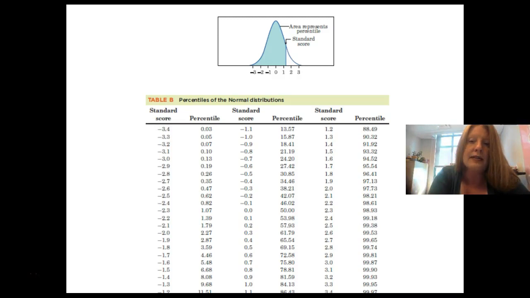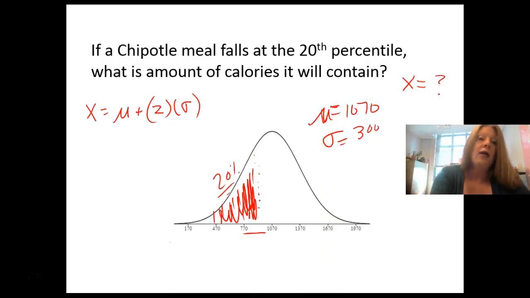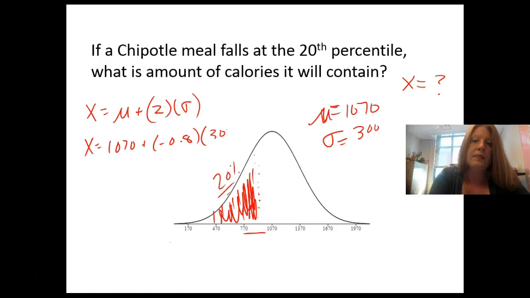So we're not going to get the most precise answer, but we're getting as precise as we can with the tools that we have available. Negative 0.8 is going to be my z-score. So I'll go back here now, and x equals 1070 plus negative 0.8 times 300.